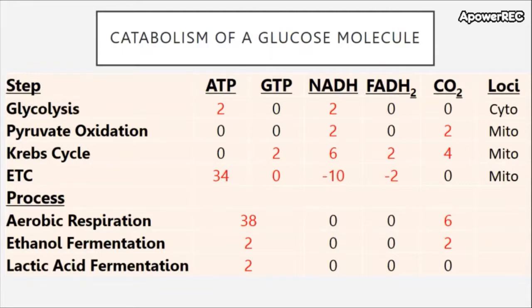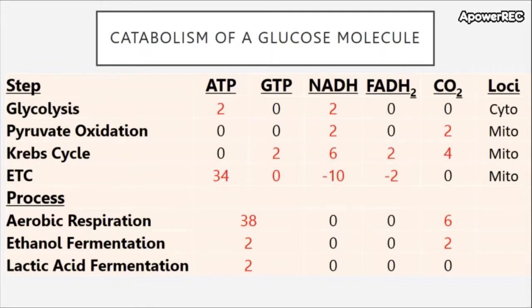So the sum of the processes we see on the next 3 lines: aerobic respiration produces 38 of a combined ATP and GTP, and we produce a sum total of 6 CO2 per glucose molecule.